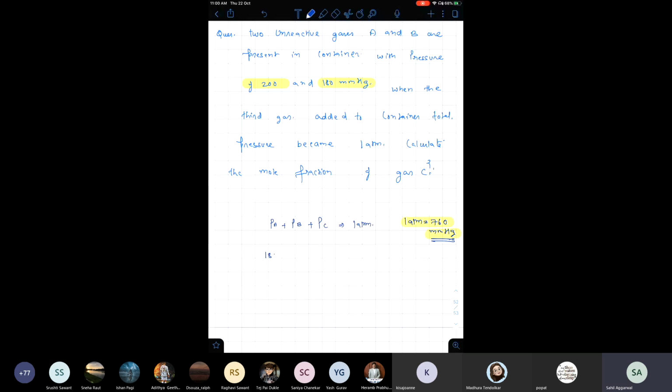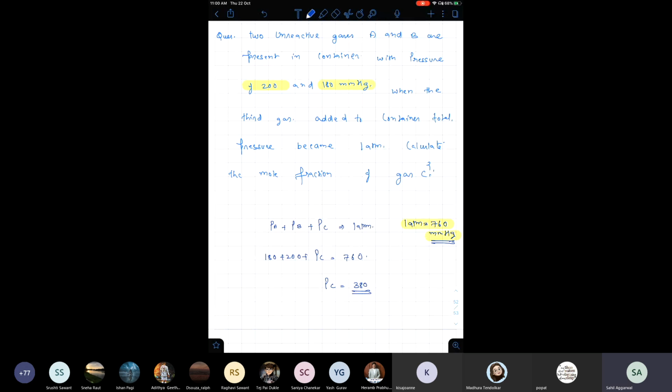This is 180 plus 200 plus PC equals to 760. So PC will come out to be 380.